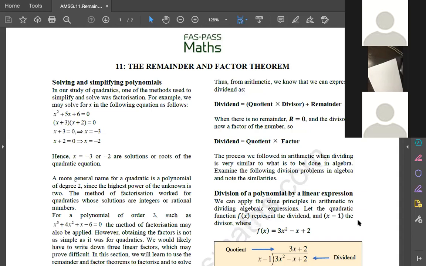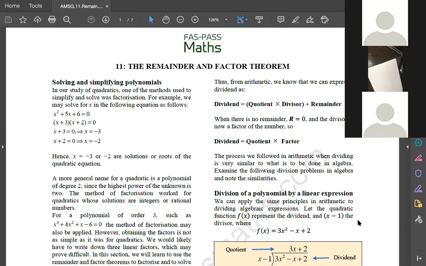So in our study of quadratics, one of the methods used to simplify and solve was factorization. For example, we may solve for x in the following equation. I have x squared plus 5x plus 6 is equal to 0. Now this is given to you as an equation, not an expression.